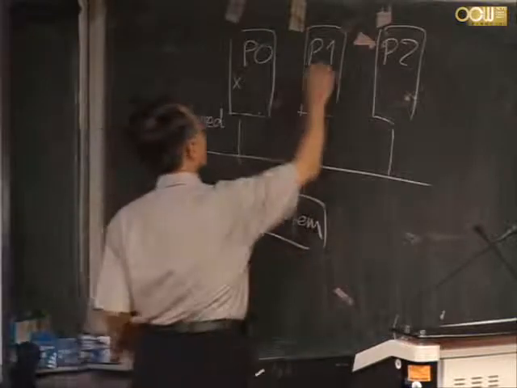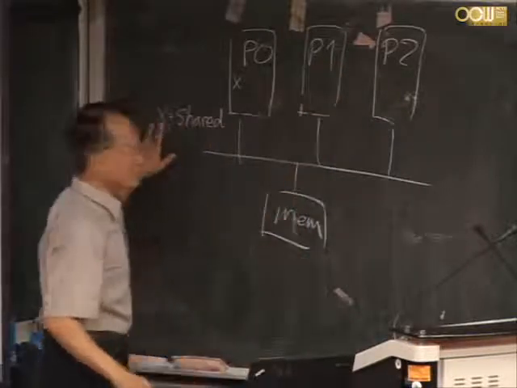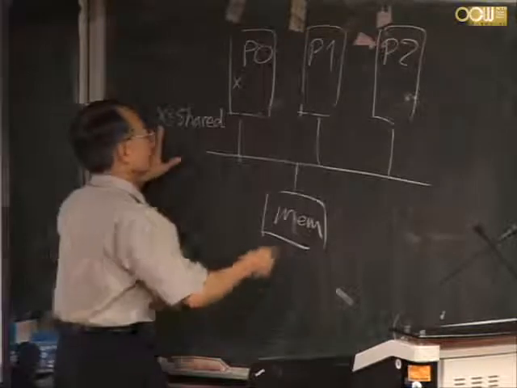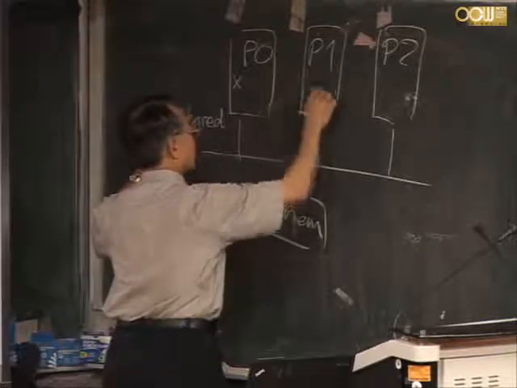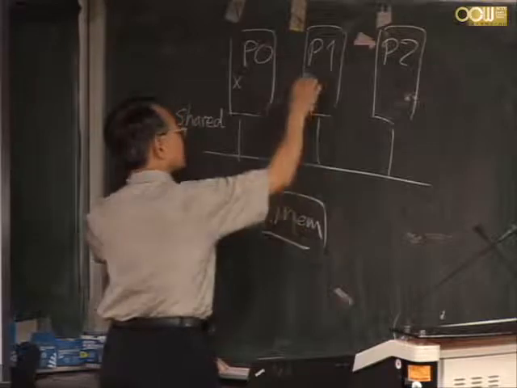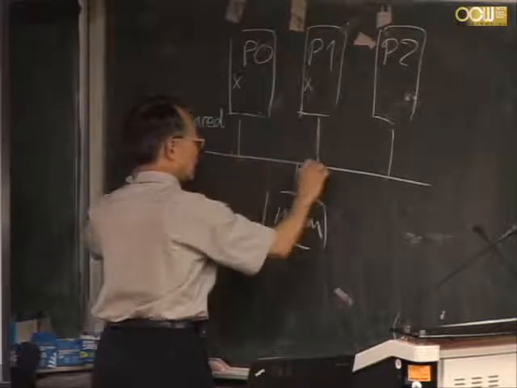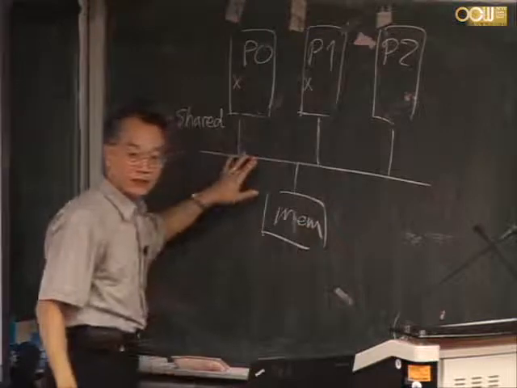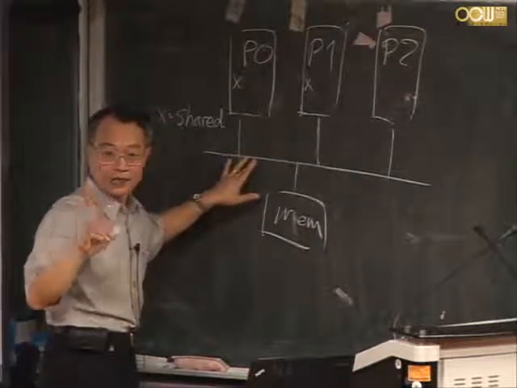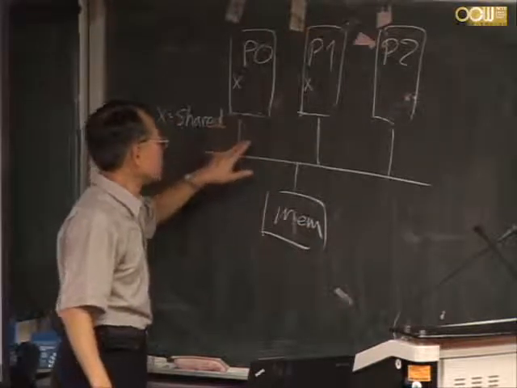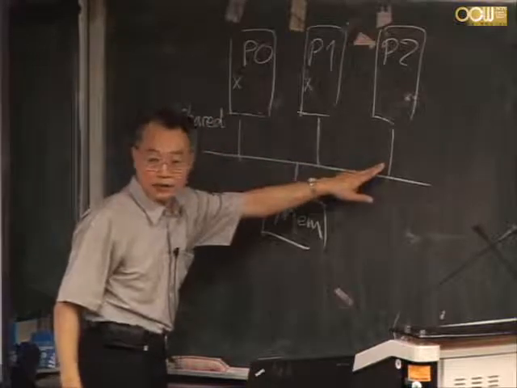Later, P1 wants to read X. It sends out a message saying, I want X. This message goes on to the bus. Now, the key point is everybody should watch the bus.